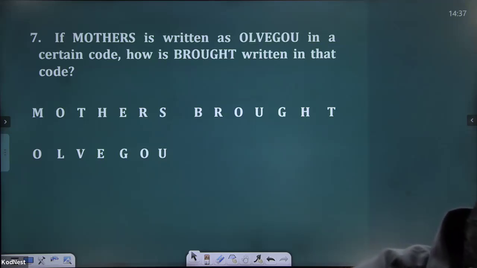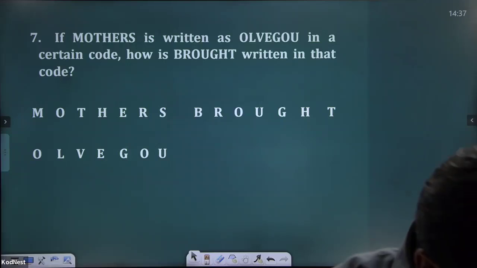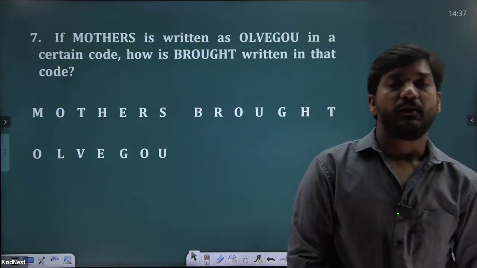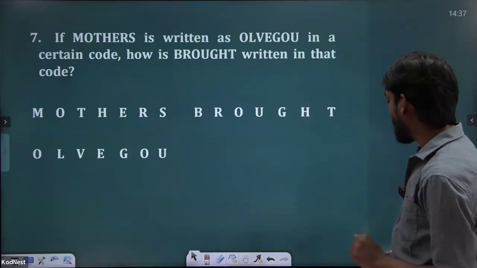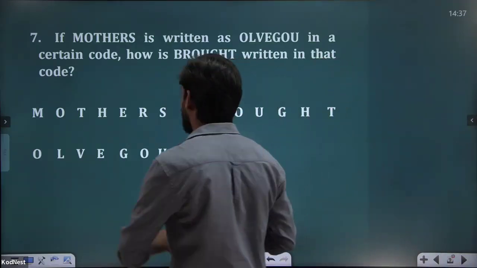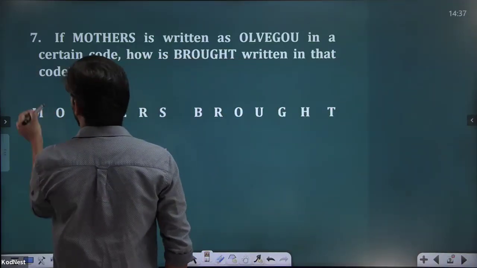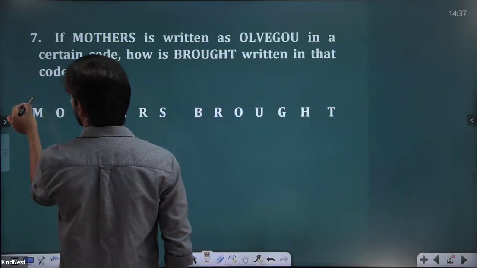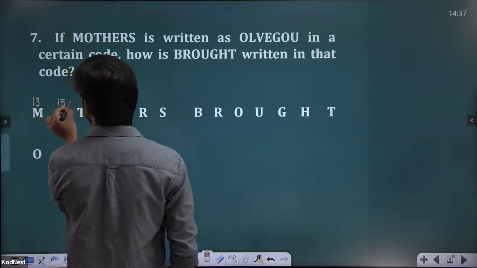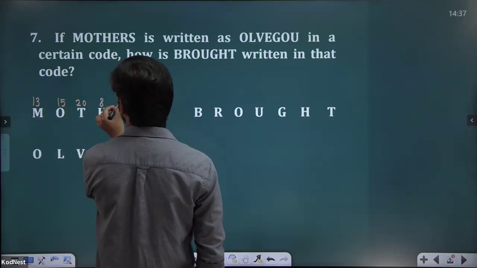Check, there is one mistake, one letter mistake. All right. So first I will write the place values, then I will try to observe. So M, Oppo 15, T20 match 8, 5.